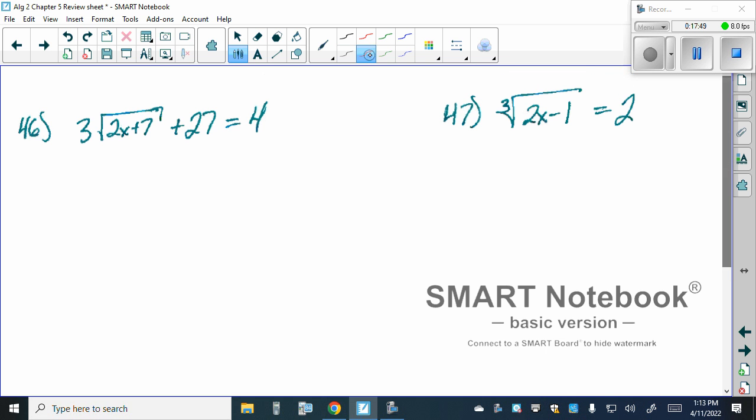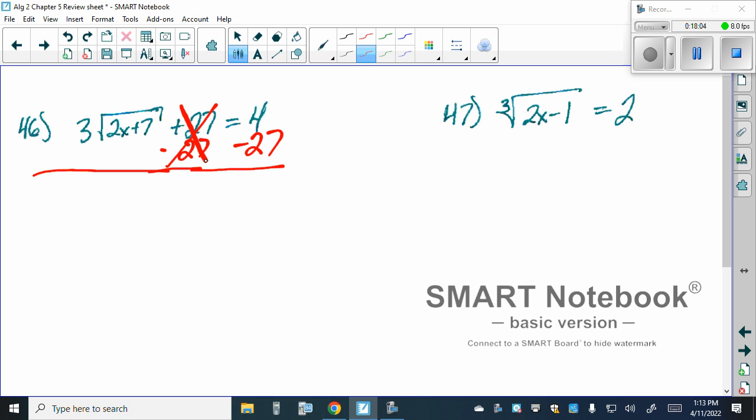46. Looking at this problem, is the radical by itself? No. So what's the first thing we can do to get the radical by itself? Subtract 27 from both sides. Here 27 minus 27 is 0, telling us that 3 times the square root of 2x plus 7 is equal to negative 23.